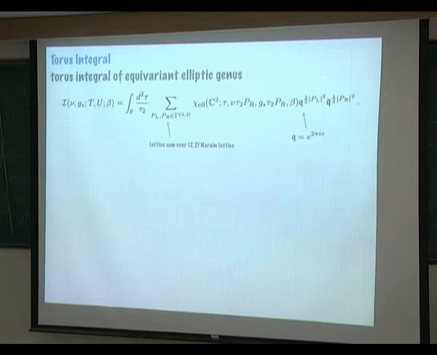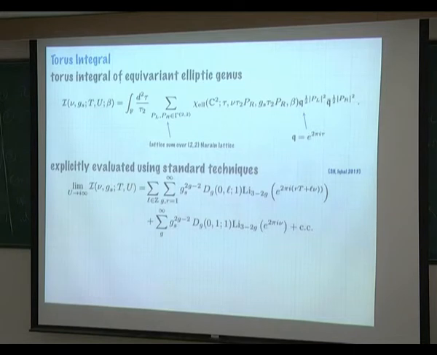I multiply it together with a (2,2) Narain lattice where Q is e to the 2 pi i tau here. P left and P right are left and right moving Narain lattices. And I weight also the arguments of the elliptic genus with these P rights.